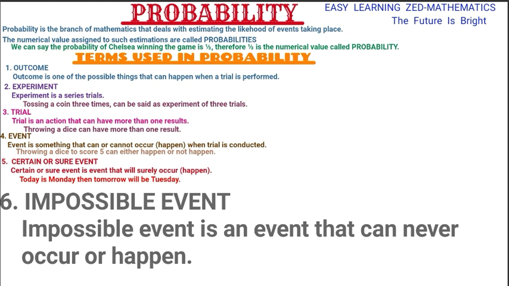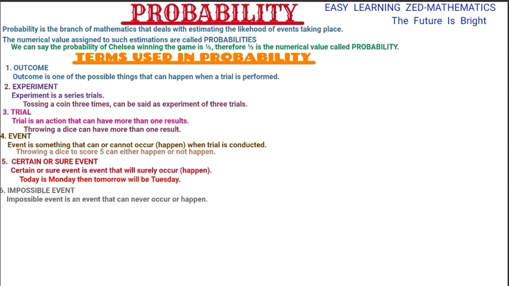Like Tuesday coming after Sunday. Immediately it's Sunday, we go into Tuesday, it will never happen. Immediately it's Sunday, the day that comes next is Monday. So a certain or sure event is the opposite of an impossible event.